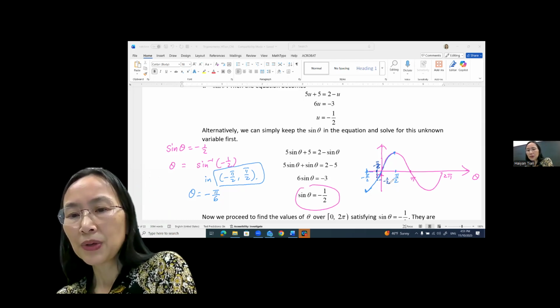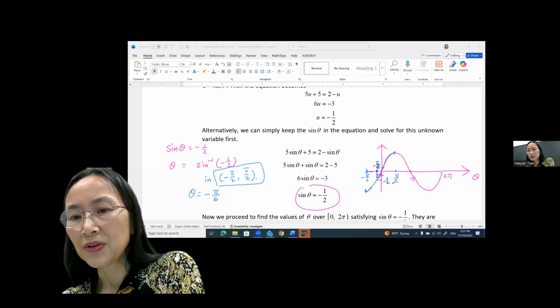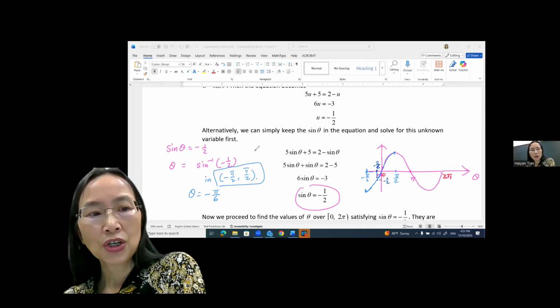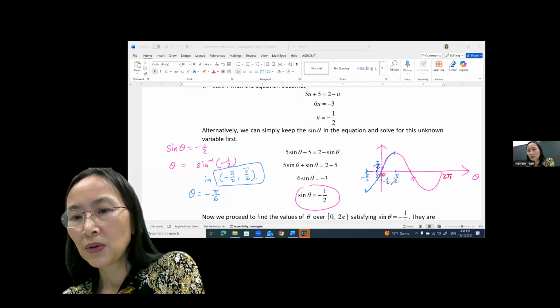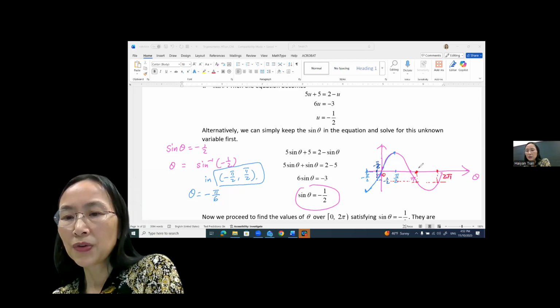However, we want to find all. Let's see what else there is in the range from 0 to 2 pi. If you draw the horizontal line at negative half, we see at least two solutions, right? So this one is, and there's another one. What is this one?